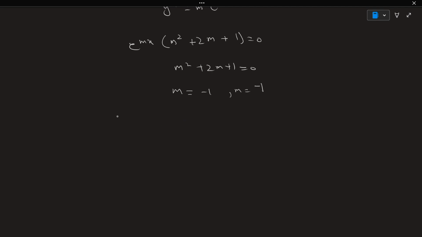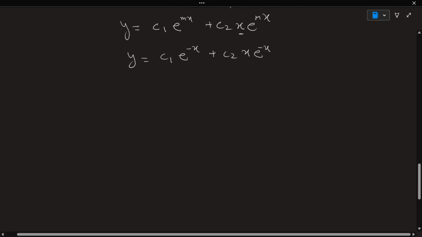The general form in this case will become c1 e raised to power mx plus c2 x e raised to power mx. The only difference in this solution is this x. So we will substitute our roots in this equation, and our solution will become c1 e raised to power minus x plus c2 x e raised to power minus x.